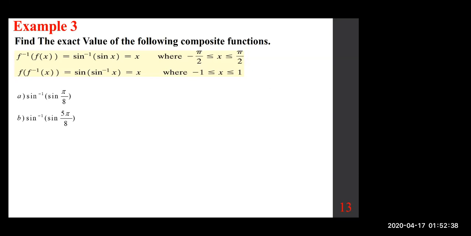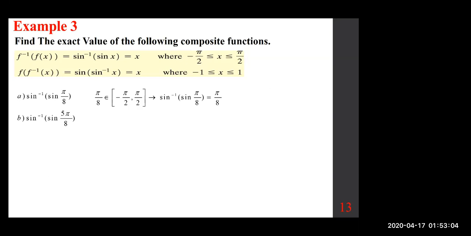And that's important to pay attention to because it is different, as I mentioned. So in what sense is it different? Let's find out. The first one says sine inverse of sine pi over 8. If pi over 8 is within the domain of sine, and you know sine goes from negative to positive pi over 2, that works, and you're done.